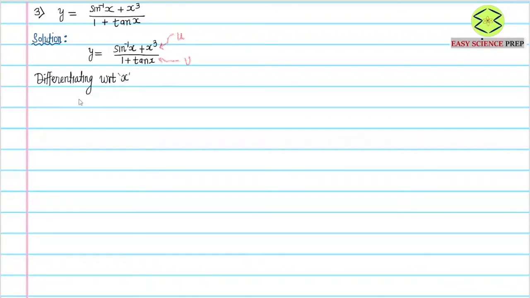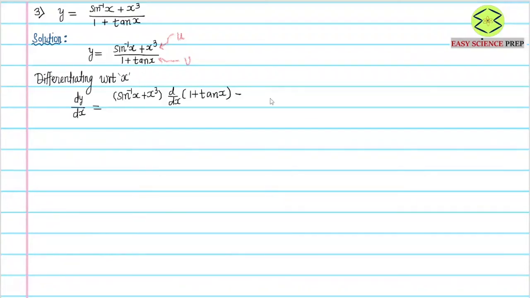As you know, dy over dx is: u derivative of v. So u is sin inverse of x, the whole numerator is u, and then the derivative of the denominator, that is v, minus v derivative of u.